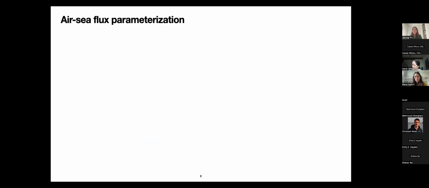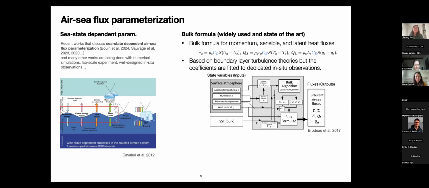So now I will change to my second topic of today, which is my postdoc work on air-sea flux parametrization. As I have mentioned, there is active work being done to develop these sea state dependent parametrizations of air-sea flux.